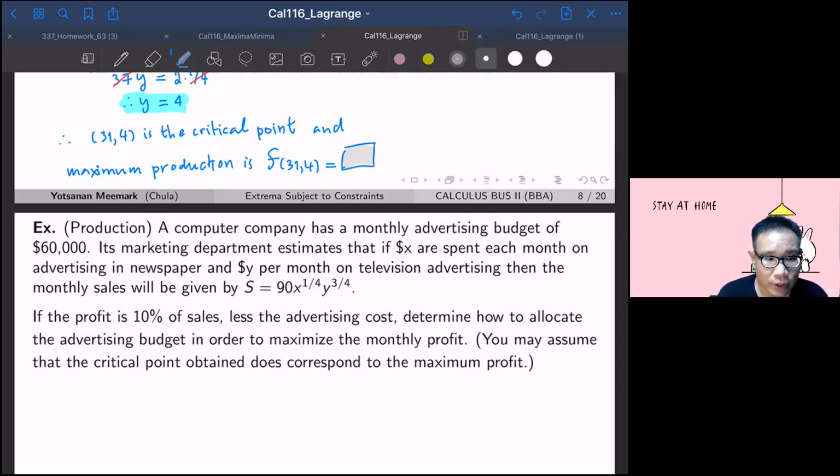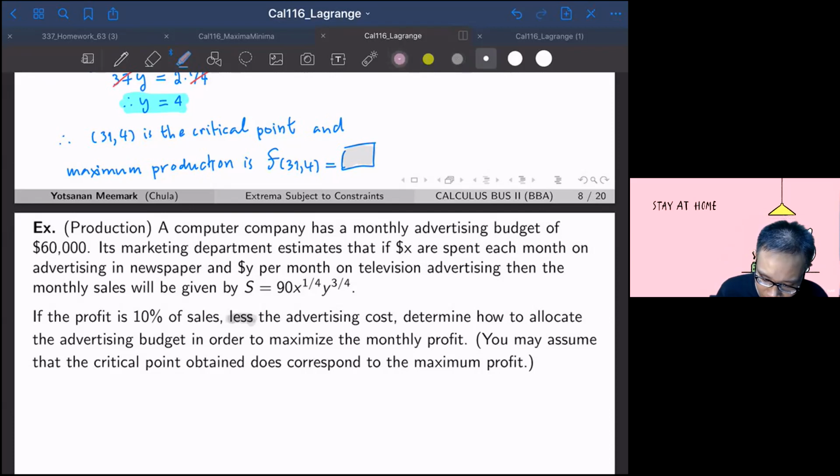If the profit is 10% of sale less the advertising cost, so the profit will be 10% of sale and you have to subtract the advertising cost. We'd like to determine x and y that is going to give you the maximum profit.